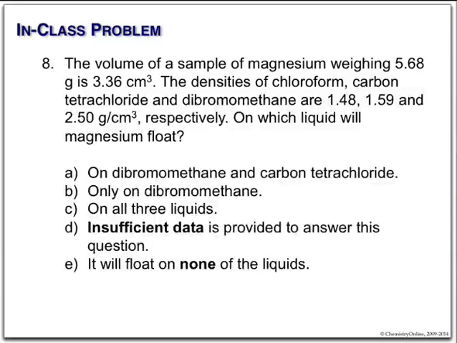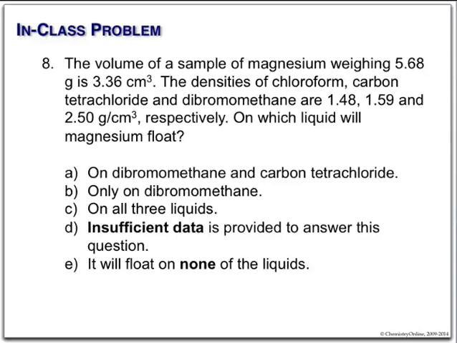Now this is a floating question. We know that whatever has the lowest density is going to float. So once we figure out what the density is, and that'll be 5.68 divided by 3.36, we're going to compare it with the density of chloroform, carbon tet, and dibromomethane.